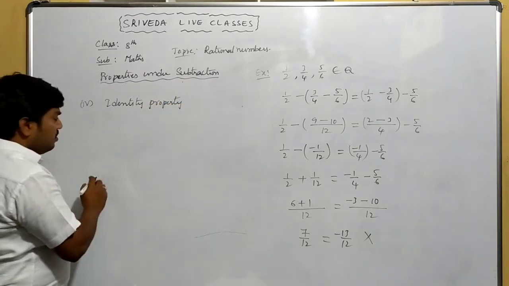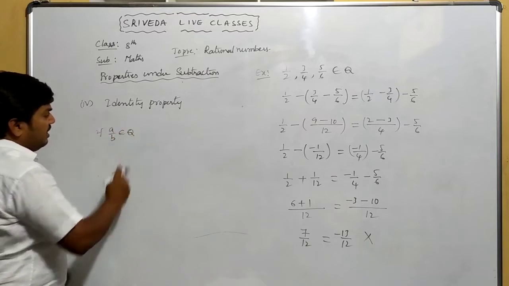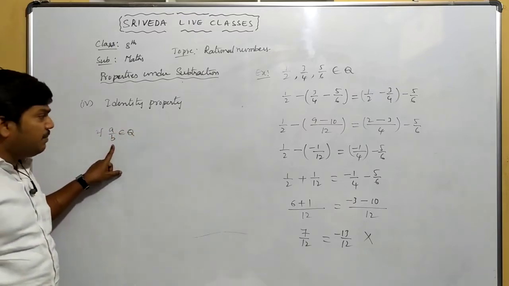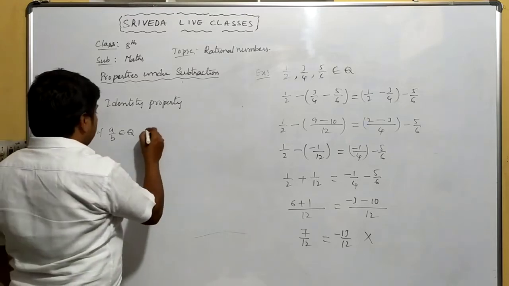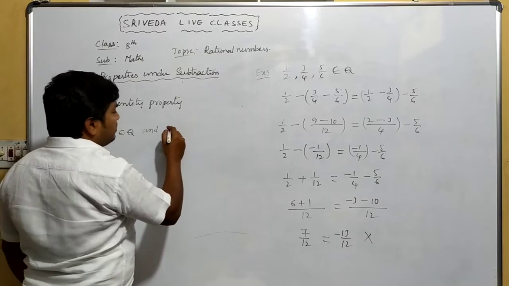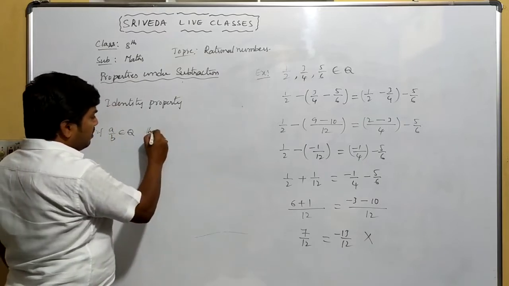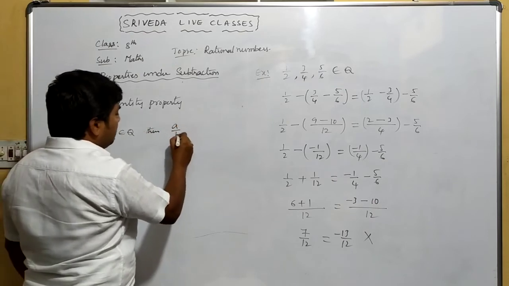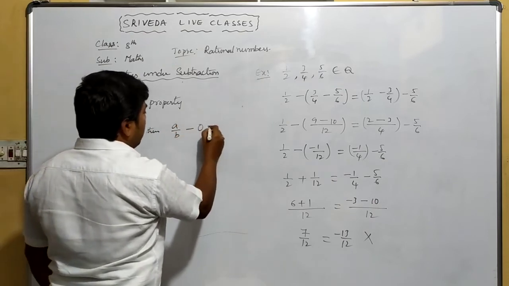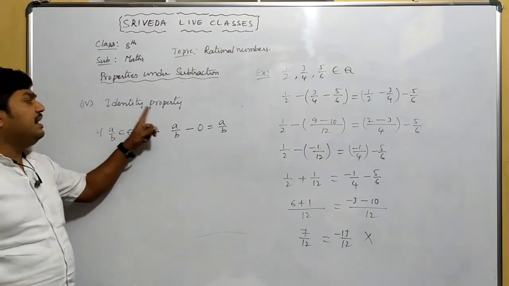Identity property. You see that if A by B belongs to Q, there is a rational number A by B, and there is 0, another rational number, then A by B minus 0 equal to A by B. So what is the additive identity?